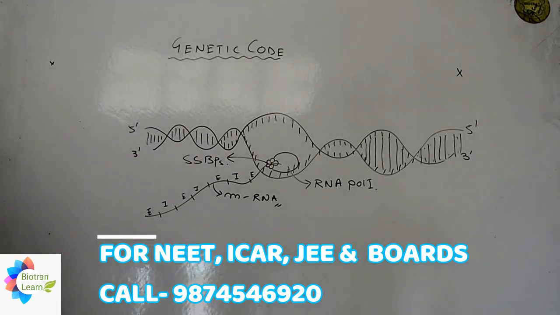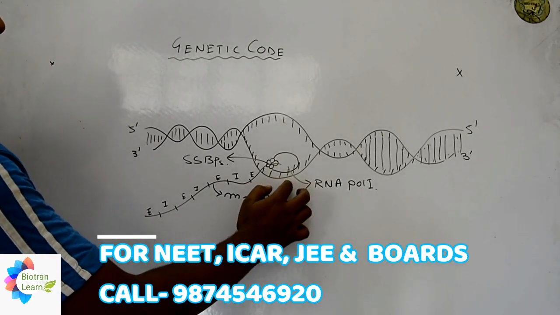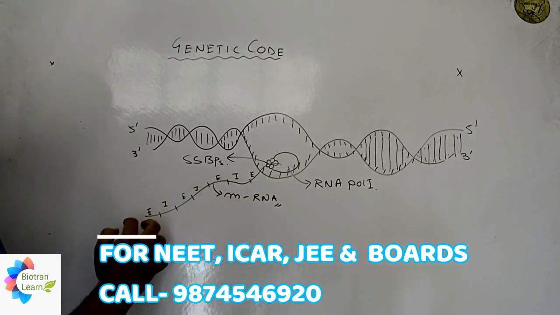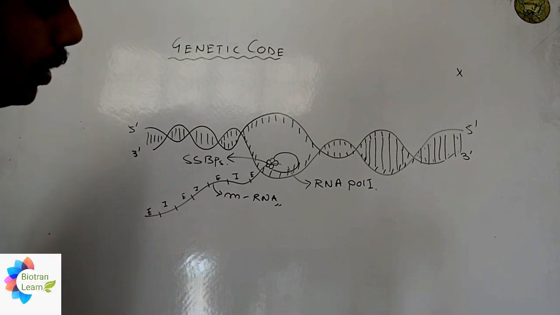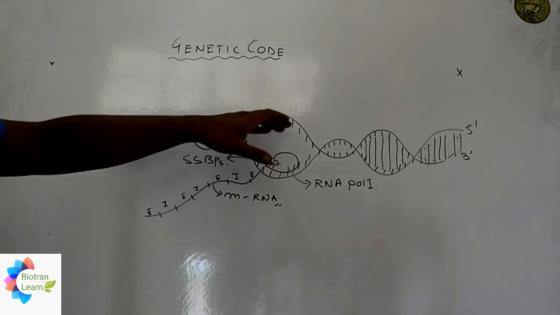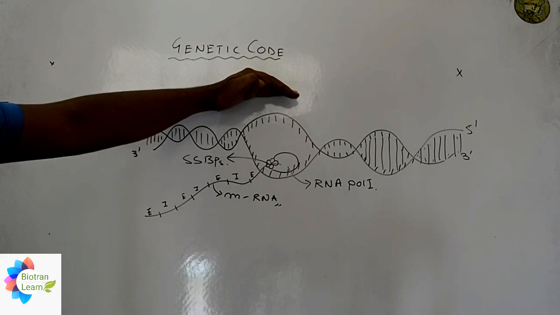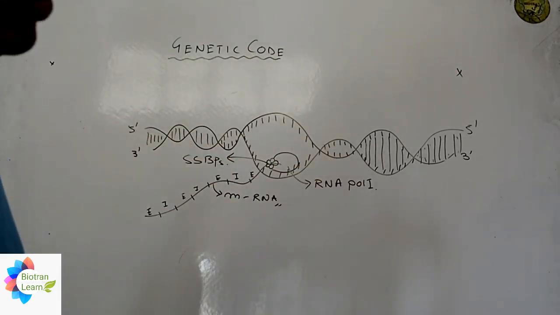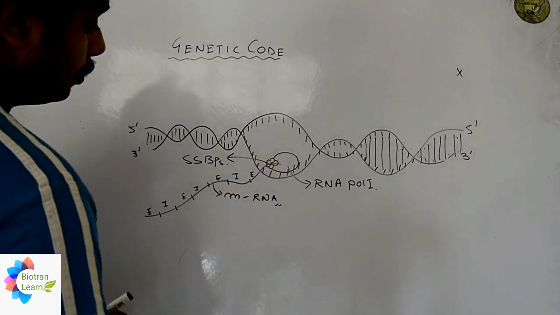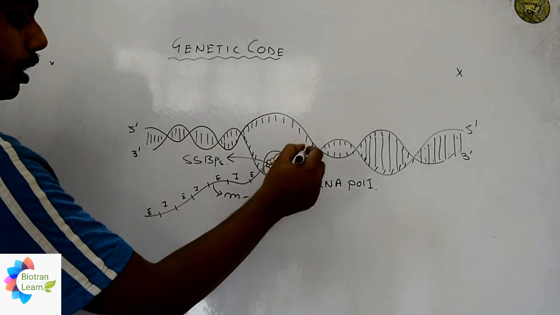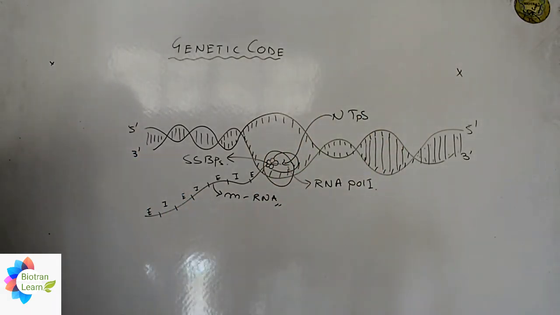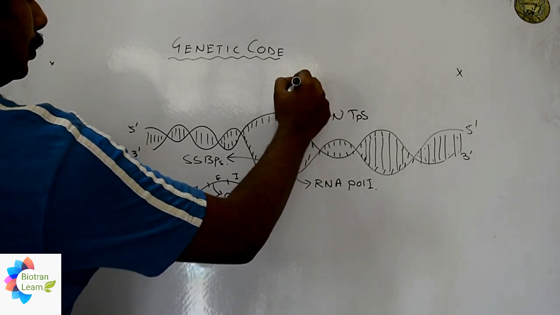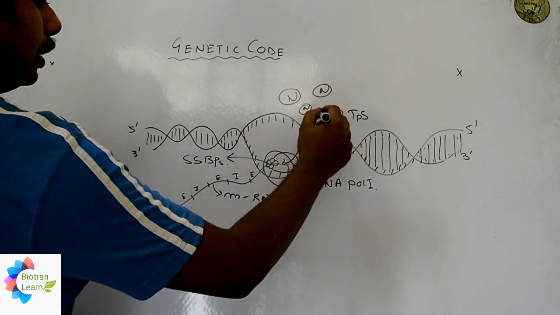Now, during transcription, what we have seen is that a particular RNA polymerase moves in this direction and produces a particular mRNA, and this mRNA is coded by the actual gene sequence or base sequence that we saw earlier. How do these free NTPs, or nucleotides, join in this section?